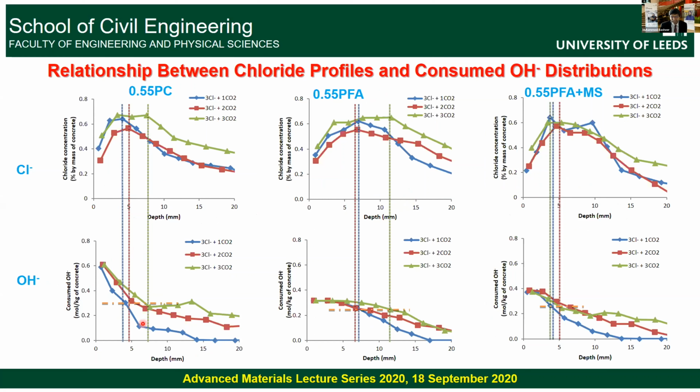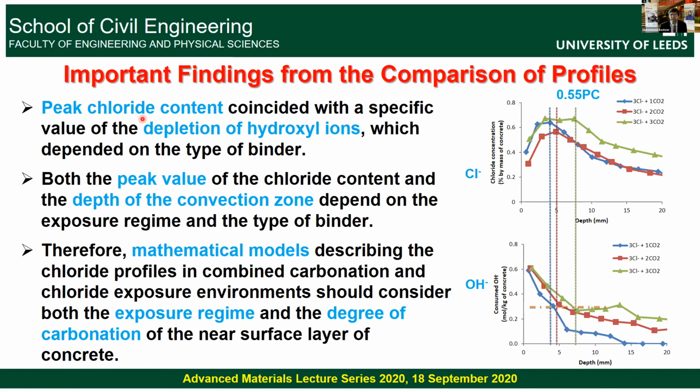Interestingly, what we are seeing is the peak chloride content is coinciding with a particular value of the consumption of hydroxyl ions, which means that the degree of carbonation influences this peak value of the chloride content. So that relationship needs to be brought into service life models. That is our main conclusion, and that's what I have stated here.